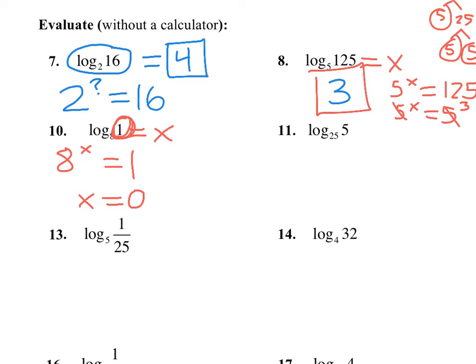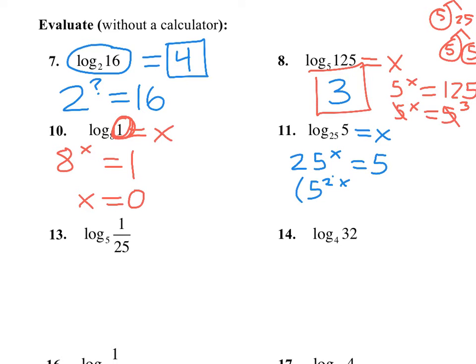Okay, so for 11, let's pretend we don't know the answer. I call the answer x, then I rearrange it. 25 is the base, x is the exponent, 5 goes to the other side. 25 and 5, we can make those both have a base of 5. So 25 is 5 squared, and then I still put the x.